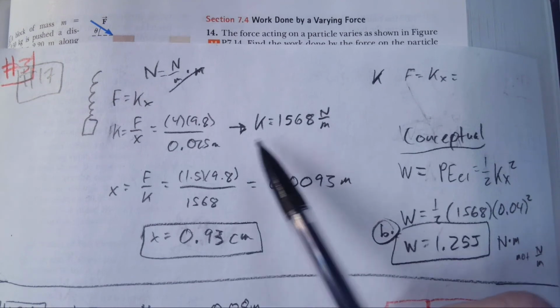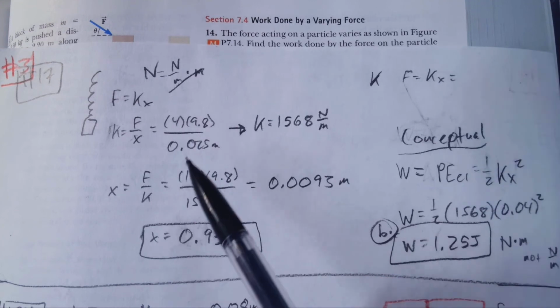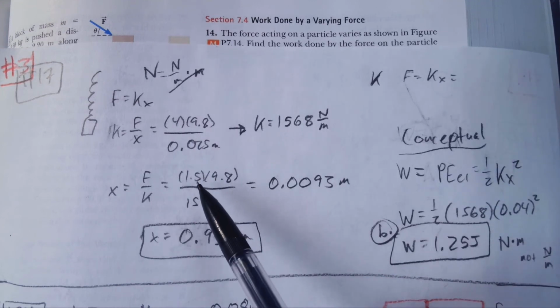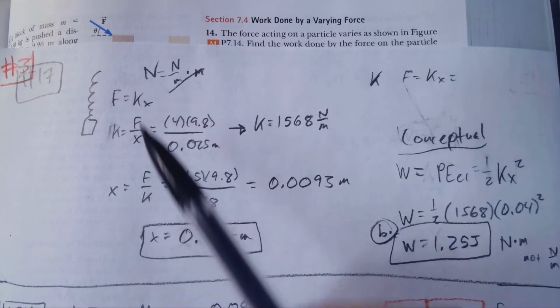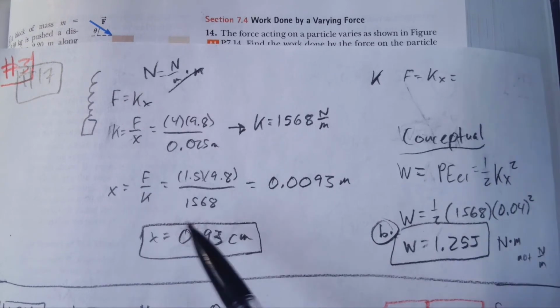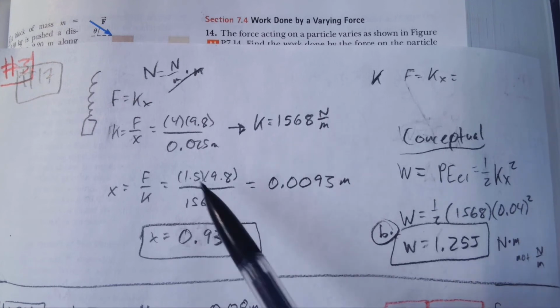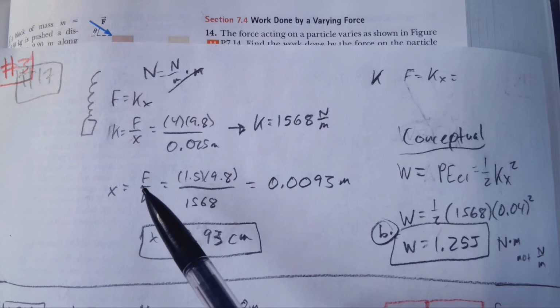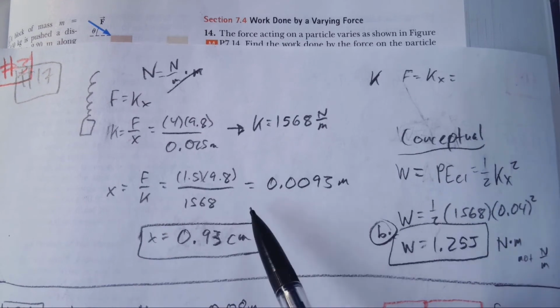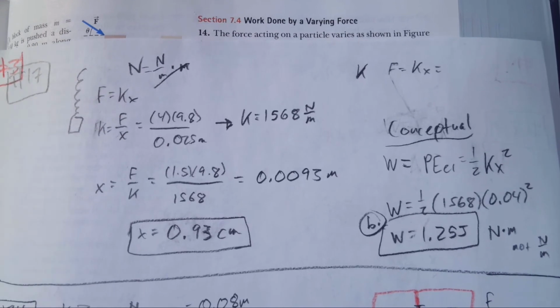That's why in the second part of the problem, if you take off the 4 kilogram one and replace it with the 1.5 kilogram one, what is going to be the distance? Notice I rearranged this equation so it is now solving for x. I'm using the same spring constant we just found. The only thing that changed is the mass and therefore the force. We calculate this to be 0.0093 meters, which makes sense.